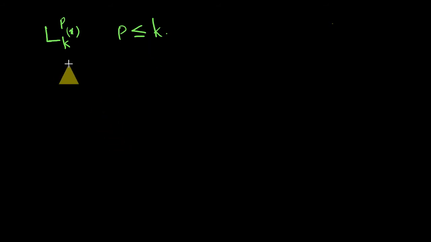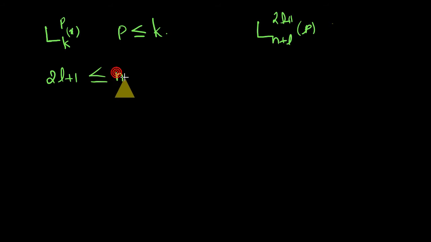So in our case, in place of L k p of x, we have L n plus l, 2l plus 1 of rho. This is our polynomial. So p must be less than or equal to k. In our case, p is 2l plus 1, and 2l plus 1 must be less than or equal to k. k in our case is n plus l, right? We can cancel one l from each side.